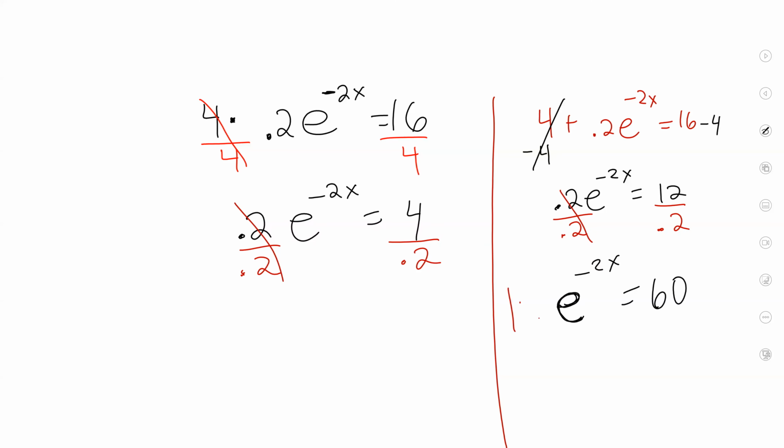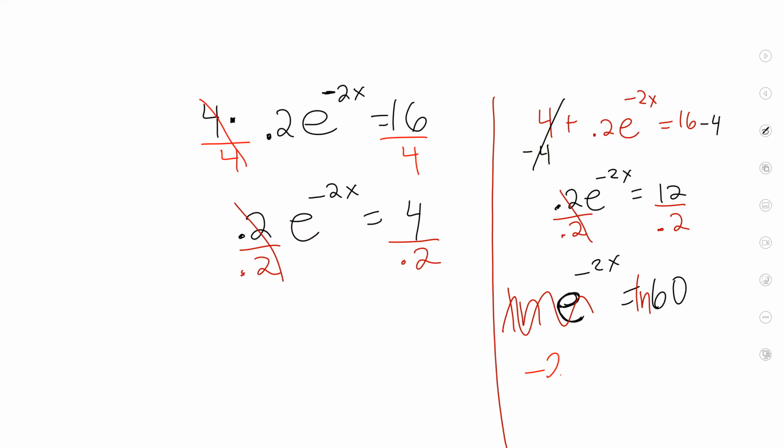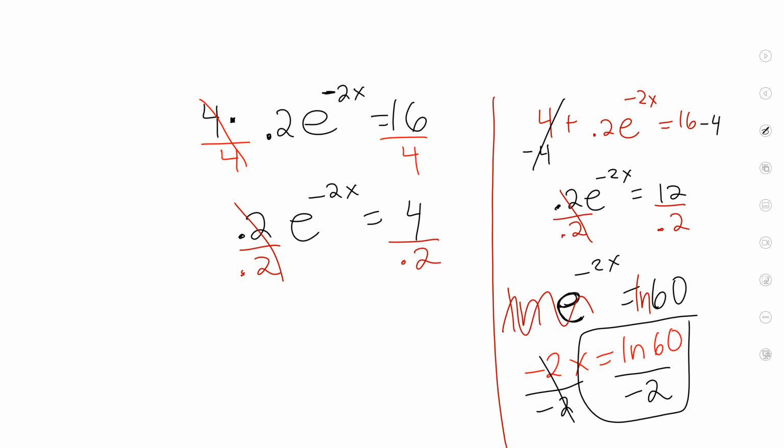We're going to use ln of both sides. Yes. So this cancels out. And we're left with negative 2x equals ln of 60. Now what do I do to both sides? Divide by negative 2. So guys, this is what you would type into the calculator to solve this problem.